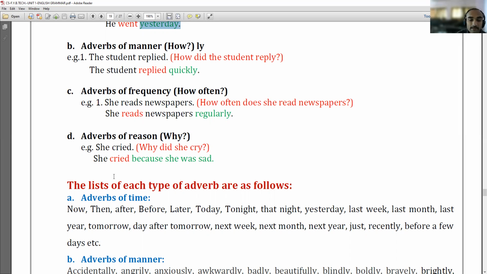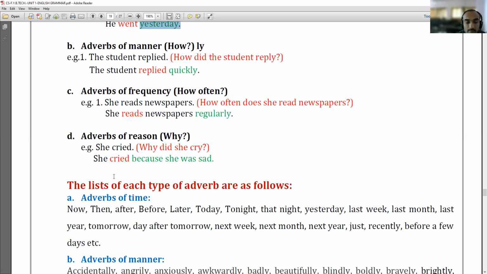So in the first example there is no any adverb of reason we can find. Why? Because we cannot find it by asking the question beginning with why. Why did she cry? ती का रडली? Is there any answer in the first sentence? No. Okay. So when we are dealing with the second sentence, that is, She cried because she was sad.